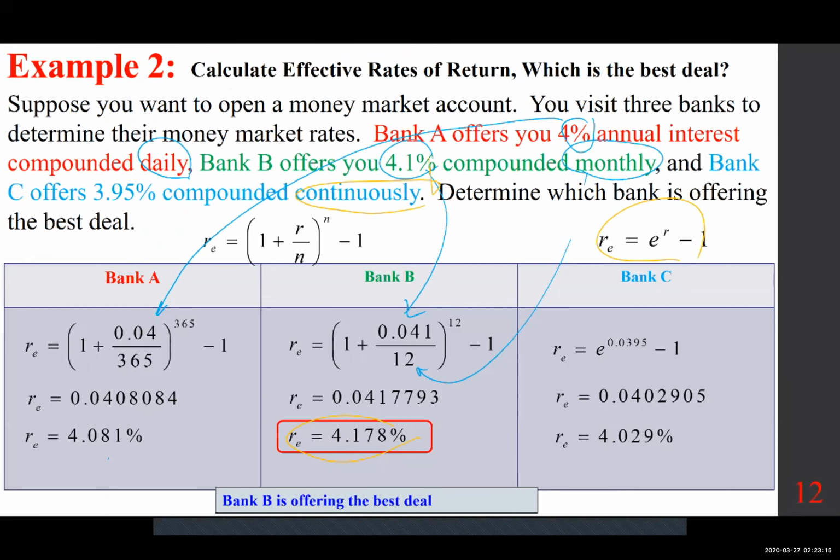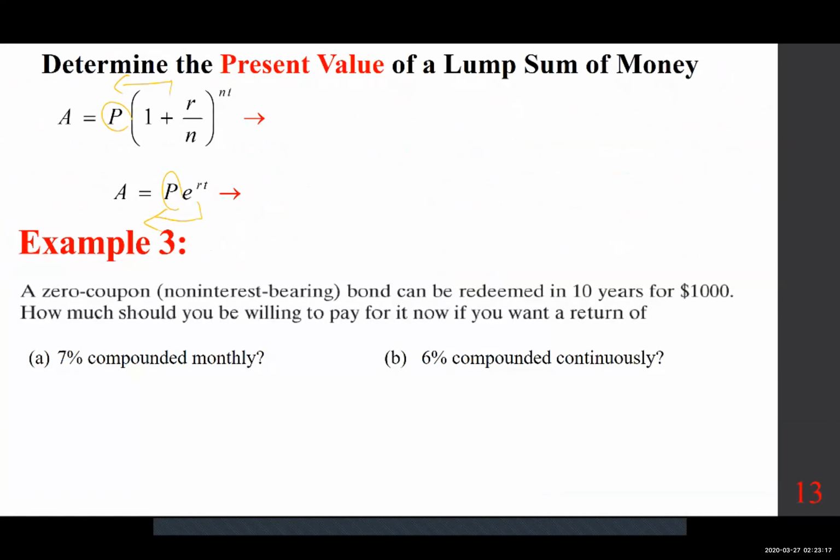This one becomes P equals A divided by what I mentioned. Division means what? Negative exponent. So you're dividing by e to the power of.